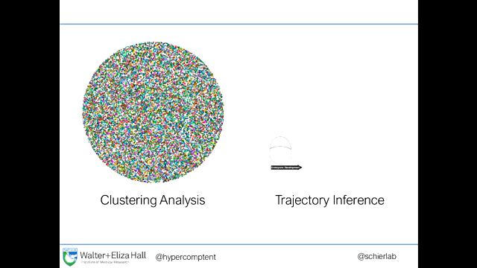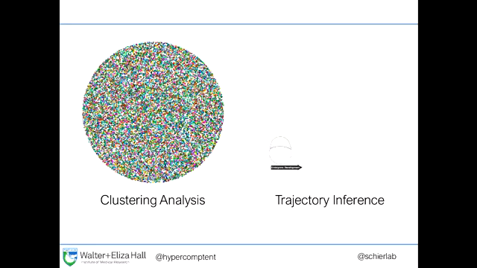In clustering analysis, we're typically thinking about having discrete cell types or states present in our data set, and we want to distinguish them from each other. Like I was showing with the t-SNE plots earlier, we might want to take a sample of PBMCs and define clusters so that we can define the different blood cell types that are present.